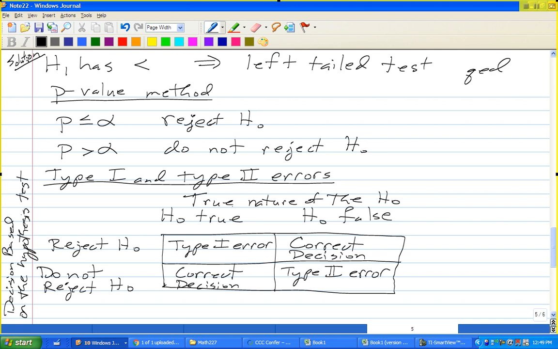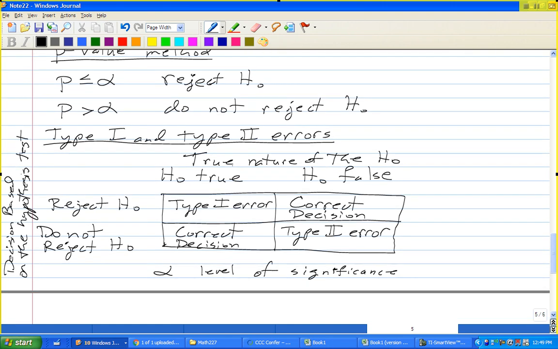So, before I go to trial, I need to decide upon alpha, the level of significance. That's the amount of evidence I need to convict, meaning how much am I willing to convict innocent null hypotheses.